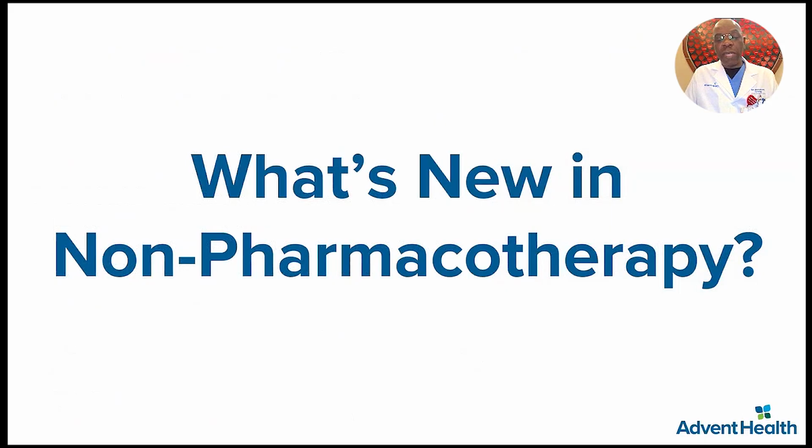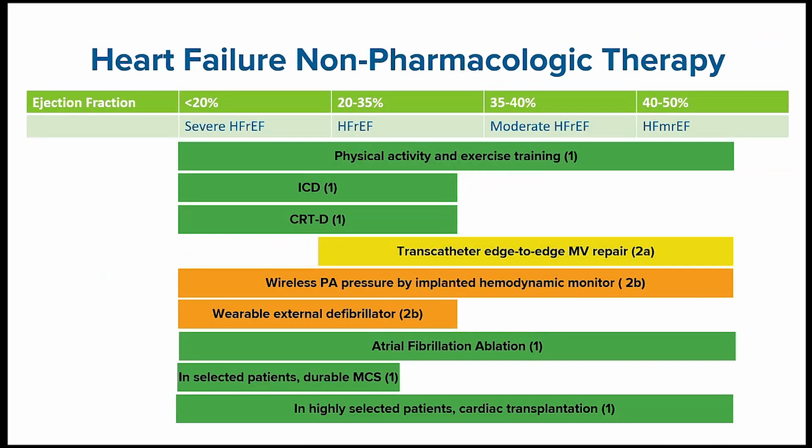What about non-pharmacologic therapy? Similar to pharmacologic therapy, it's helpful to look at the interventions based on ejection fraction. Patients with severe reduction in ejection fraction, less than 20%, 20 to 35%, 35 to 40%, 40 to 50%, allow you to better appreciate the interventions.